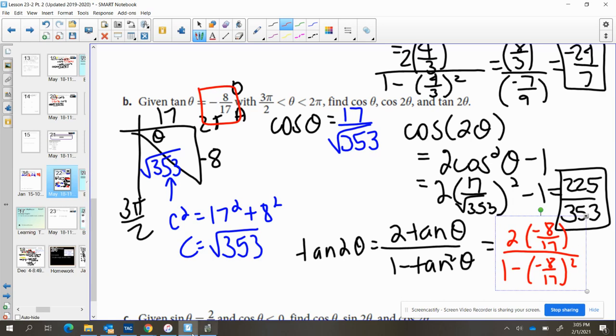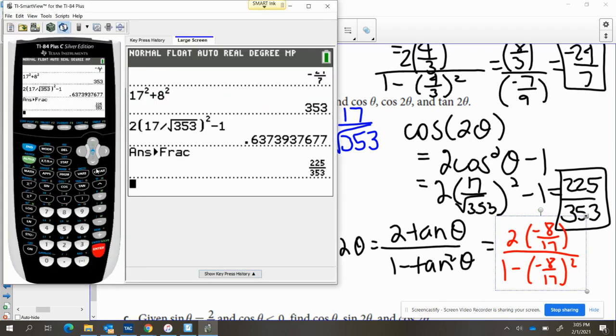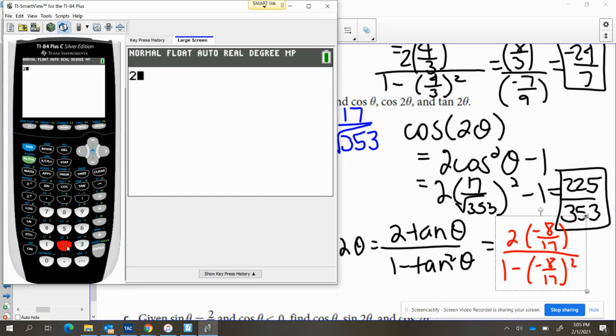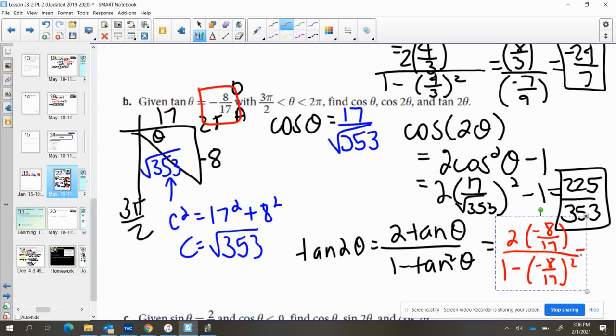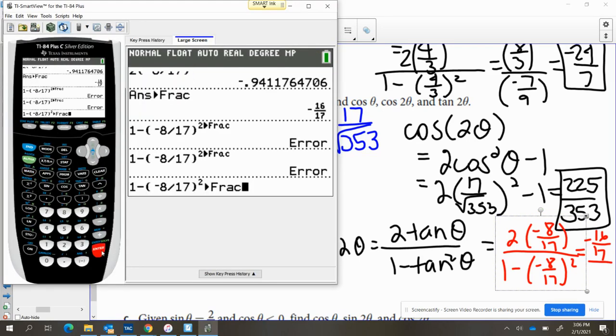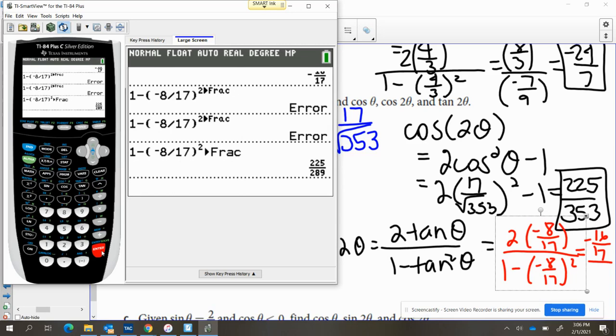Again, I highly recommend just doing it as 2 separate fractions, especially if you don't have pretty print. So 2 times negative 8 over 17, we get negative 16 over 17. And then in our denominator, there we go, we get 225 over 289.